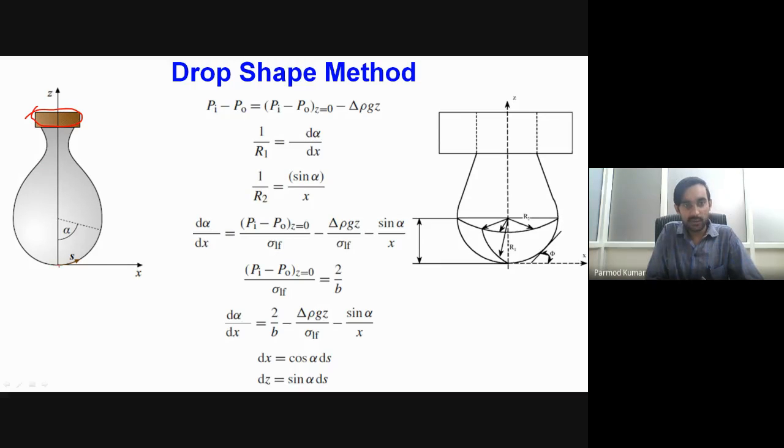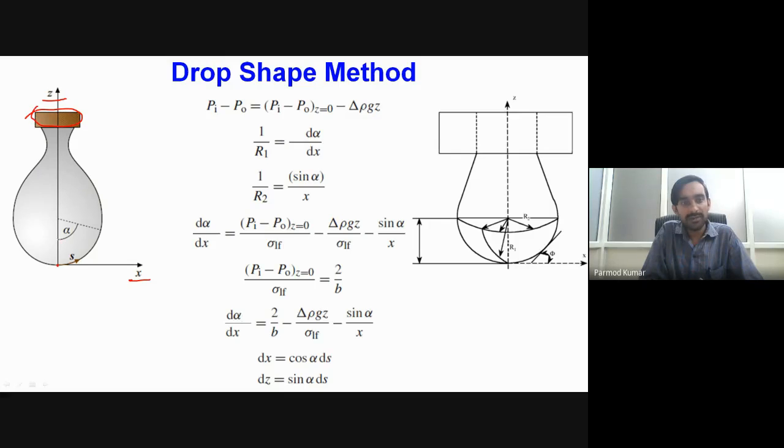We have fixed our coordinate system so that the origin is at the apex of the droplet, with the x coordinate in the radial direction and the z coordinate in the axial direction. Here s represents the surface of the drop.